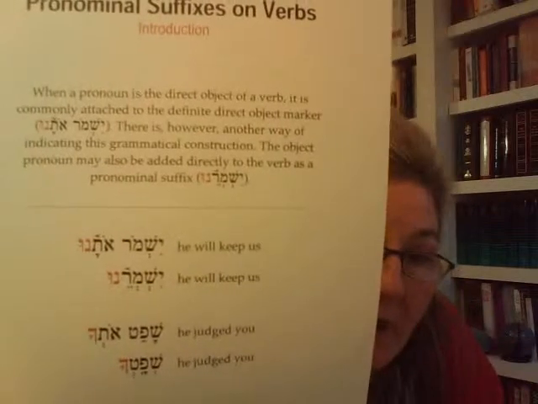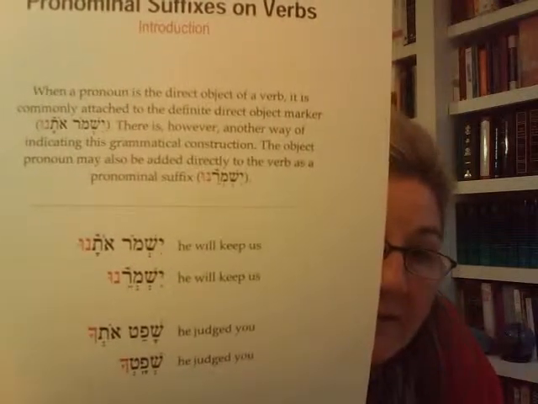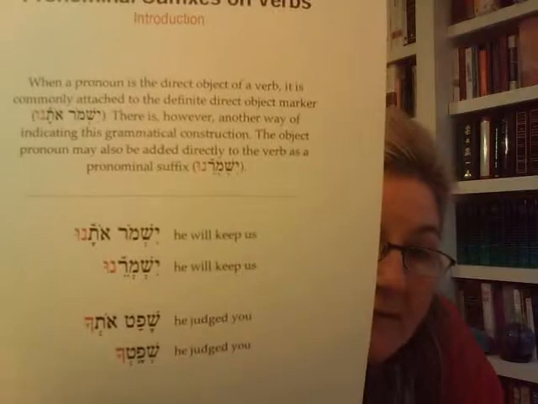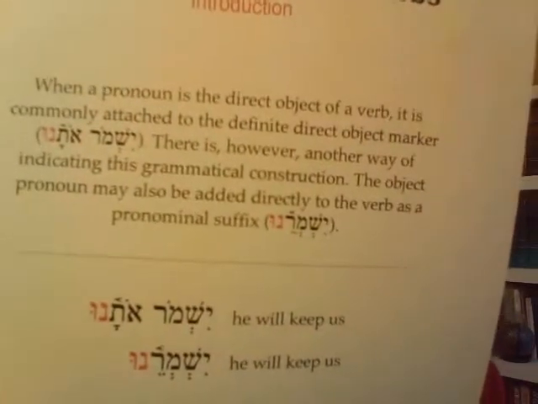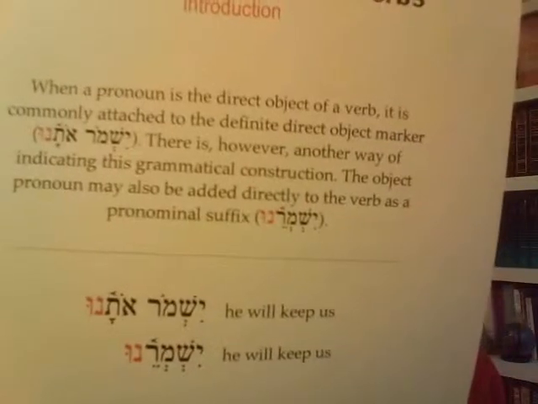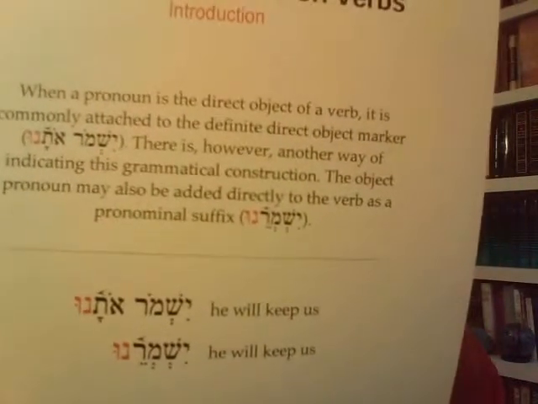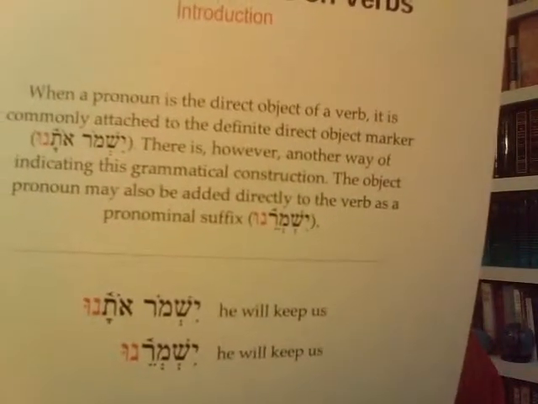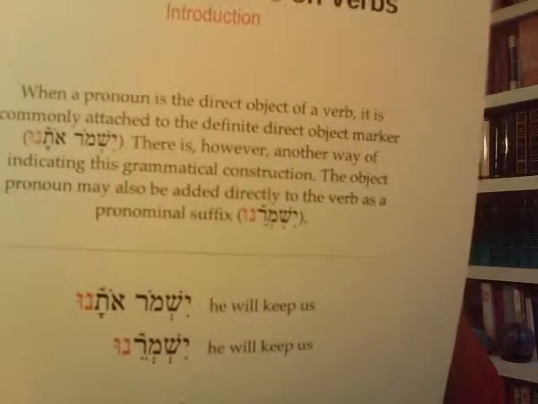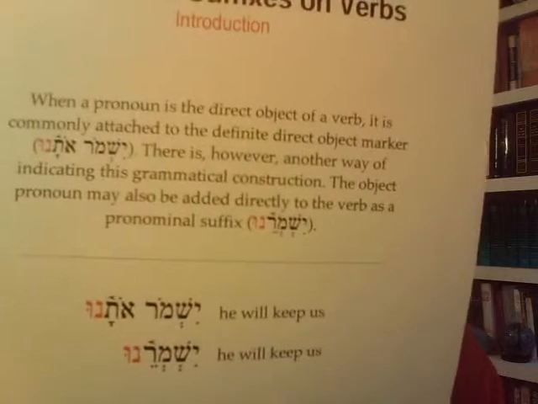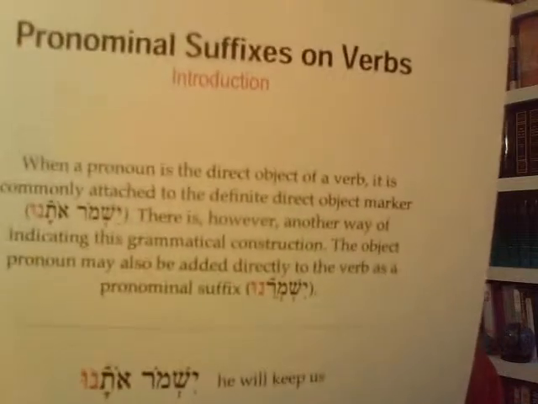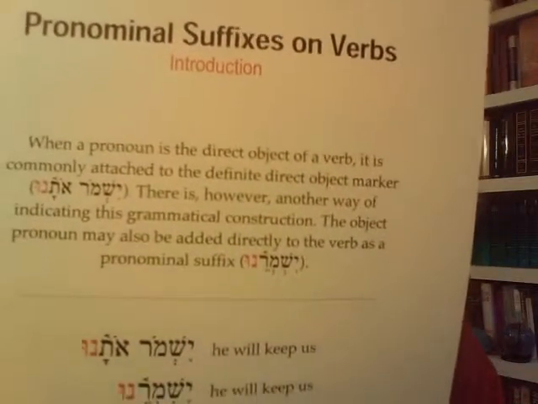The object pronoun may also be added directly to the verb as a pronominal suffix. Here we have two examples, and these both translate the exact same way. Yishmor otanu, he will keep us.